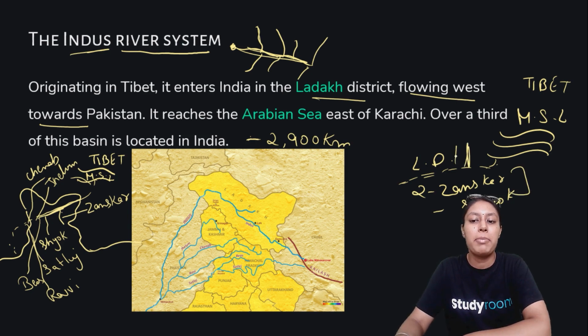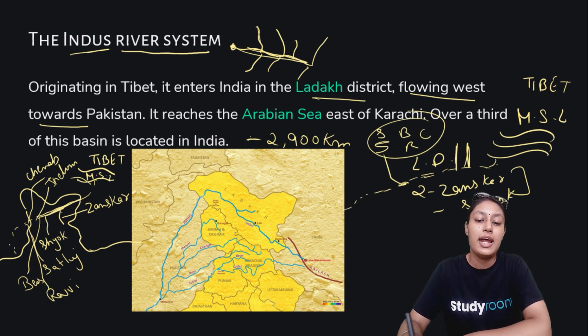And then later the five rivers, Jhelum, Satluj, Beas, Ravi, and Chenab, accompany the Indus River, and it moves towards Pakistan, and then it reaches the Arabian Sea. First it moves towards Pakistan and then the Arabian Sea.